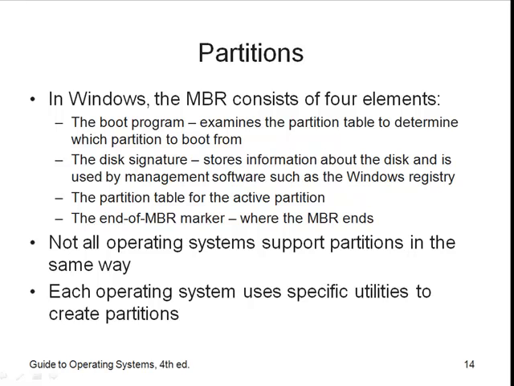The disk signature, which stores information about the disk and is used by management software such as Windows registries. The partition table, which pretty much differentiates the active partition from other partitions. And the end of the MBR marker, which is where the master boot record ends on the disk itself.